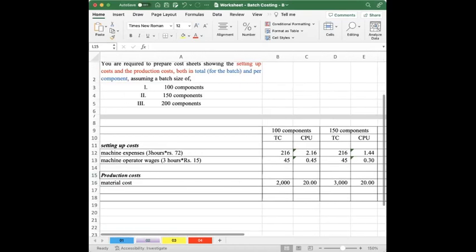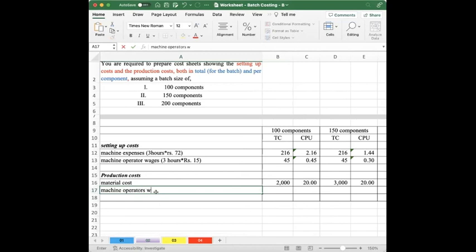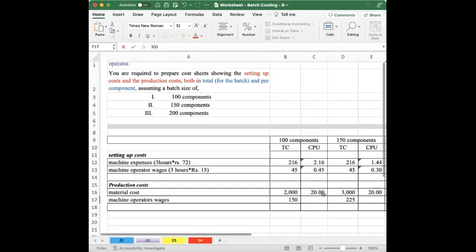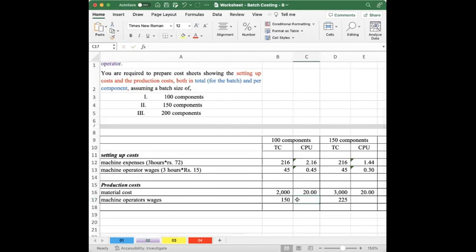Let's go back to our sheet. So we found machine operators' wages: 400 components, 150; 450 components, 225. For 200 components, it will be 300. Now find out the cost per unit.